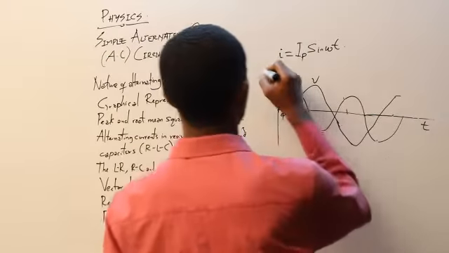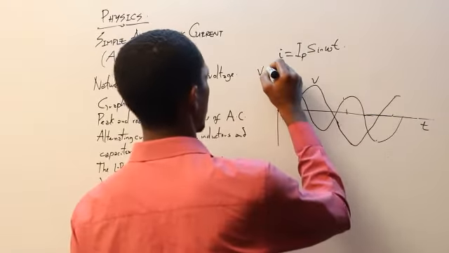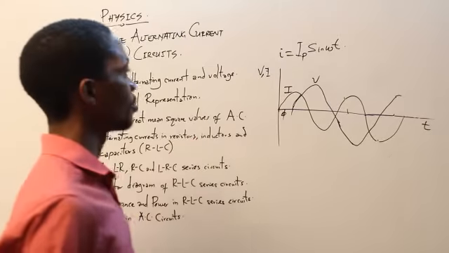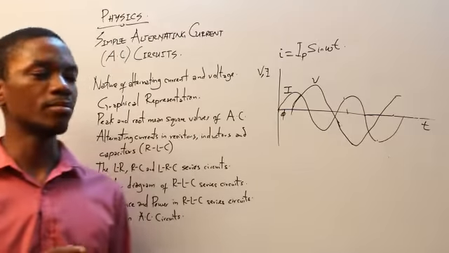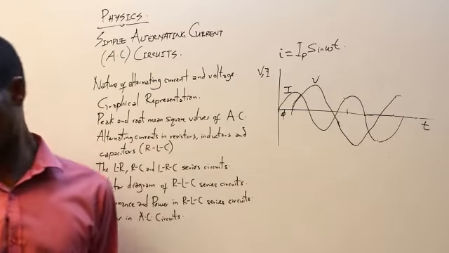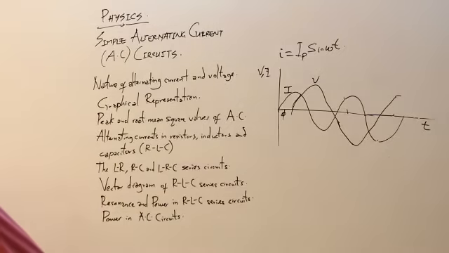This is our I and this is our V. So one of them leads while the other one follows, depending on the nature of the system.